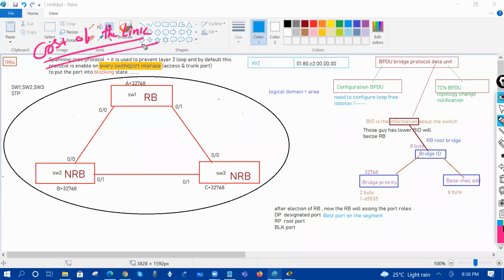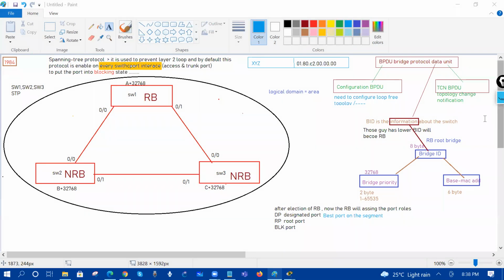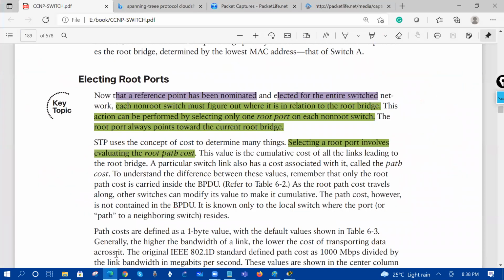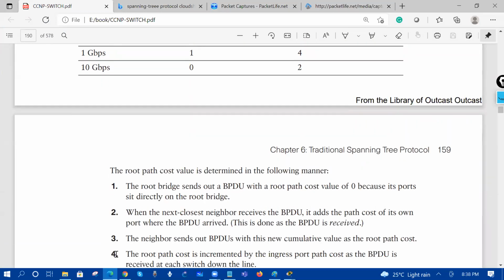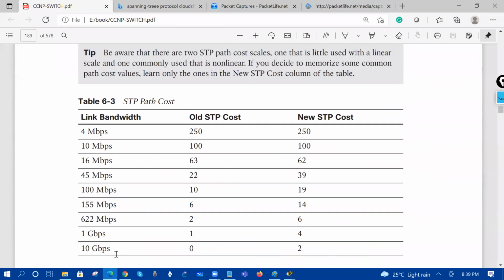Every link has some cost. Cost you can assume like the metric of OSPF, the metric of EIGRP, right? Lower cost is always preferred. So if I show you the cost of some links, every link has a different cost. So if you see, these are the costs.